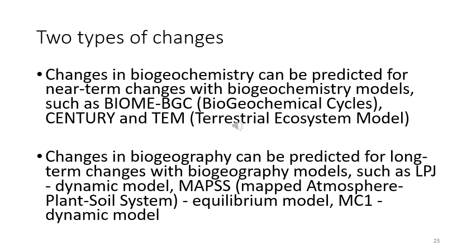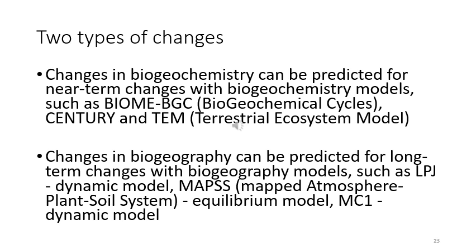There are two different types of changes that occur in ecosystems as a result of climate change. These are changes in the biogeochemistry, for example, changes in the carbon cycle, nitrogen cycle, the rate of photosynthesis, the rate of absorption of carbon from plants to soils, and the release of carbon from soils into the atmosphere.